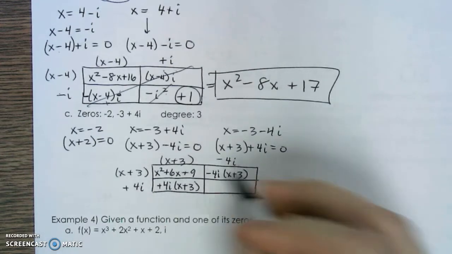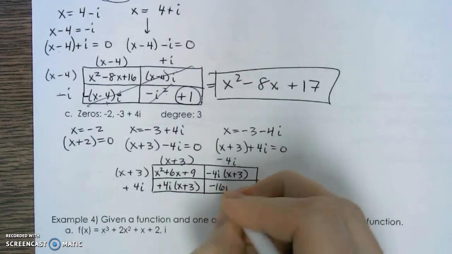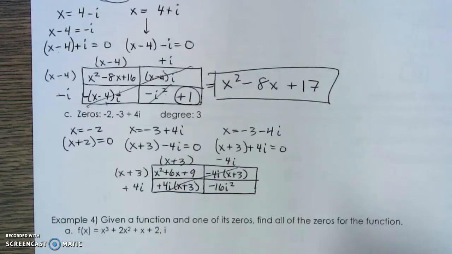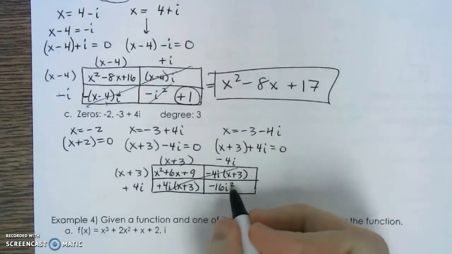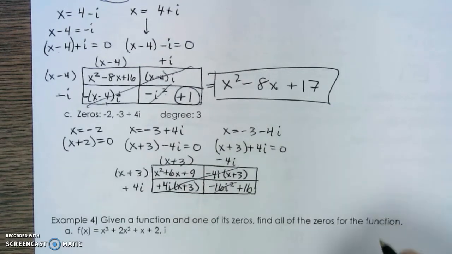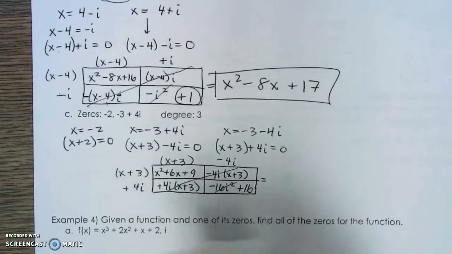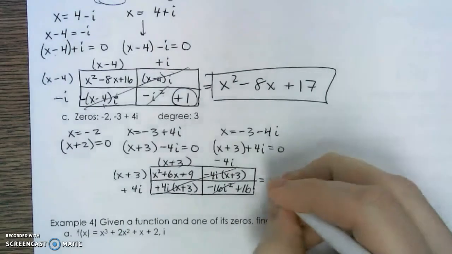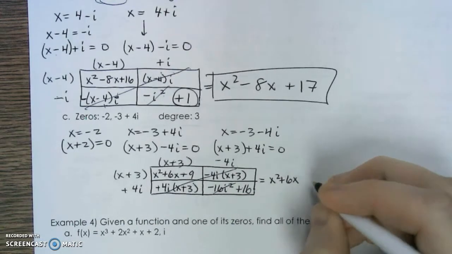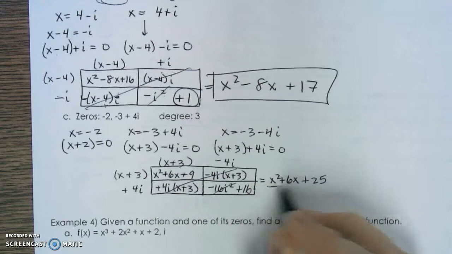And then you multiply your i's together and we get negative 16i squared. Again, these terms are opposite. They cancel each other out. And then this i squared is a negative 1, so this box becomes positive or plus 16. And you add the plus 16 to that box up there. And you end up getting x squared plus 6x plus 25. And so that's what we have right now.